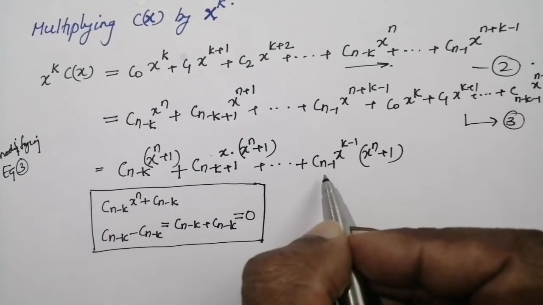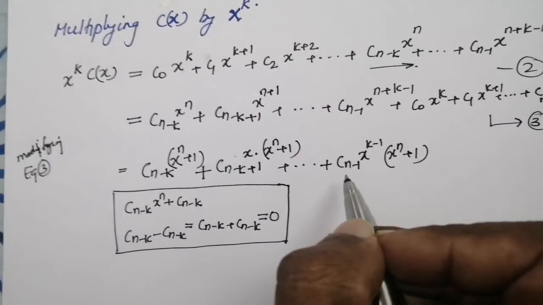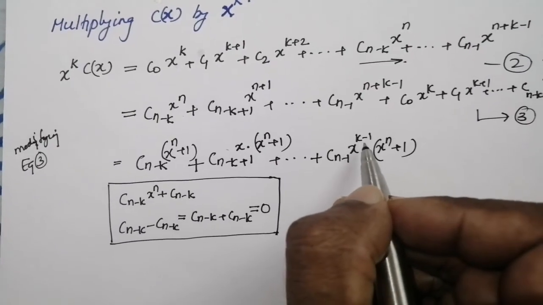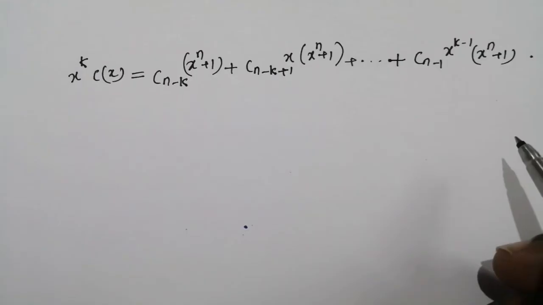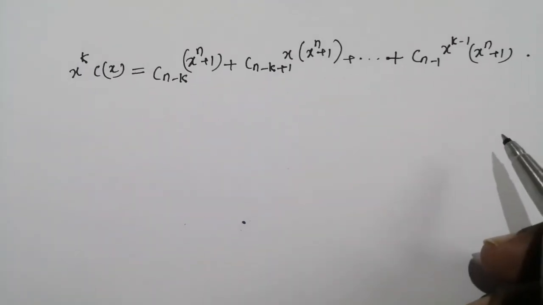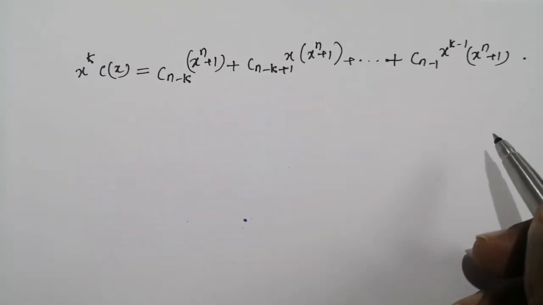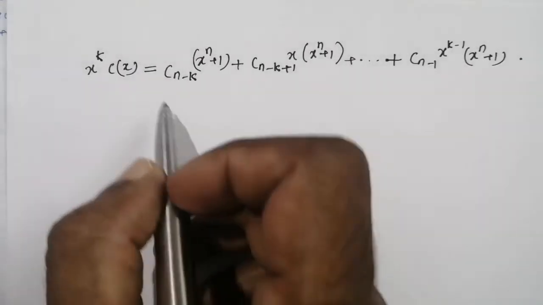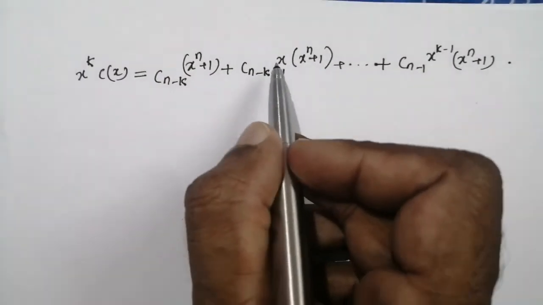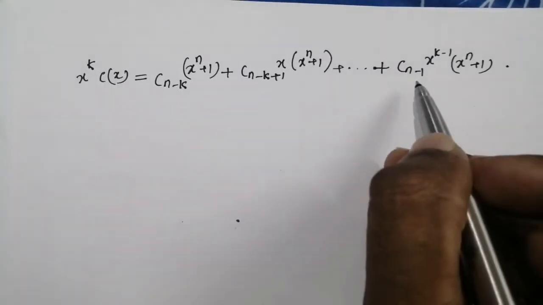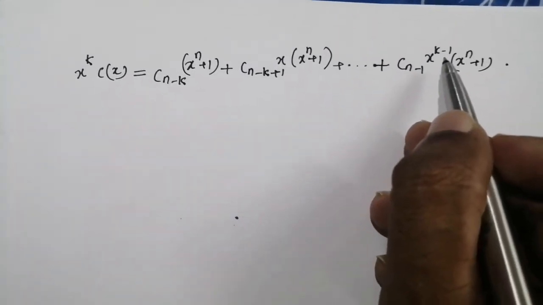That is, in this term you purposefully added the term C n minus 1 x raised to k minus 1. Now we will add some terms for cancelling the identical additional terms deliberately introduced. So what are the deliberately introduced terms? C n minus k plus C n minus k plus 1 into x plus etc. C n minus 1 into x raised to k minus 1.